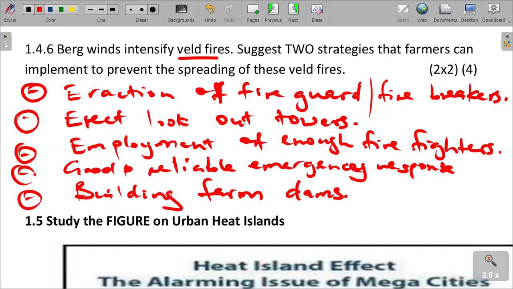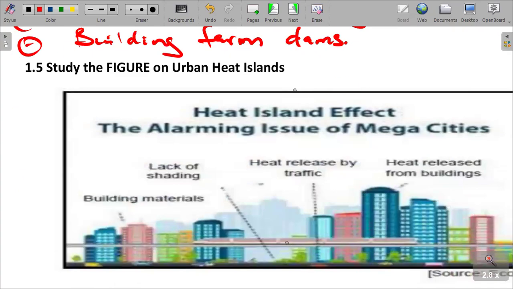And then I want us to quickly go to the next question, which is urban heat island, the alarming issue of mega cities. It is saying that mega cities have problems of urban heat islands, where you can see heat released by traffic, lack of shading, building materials, and channelization of wind.